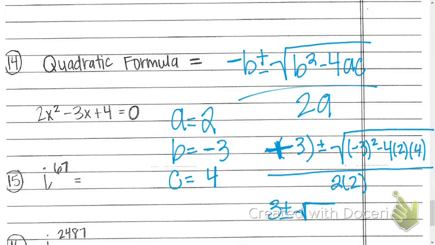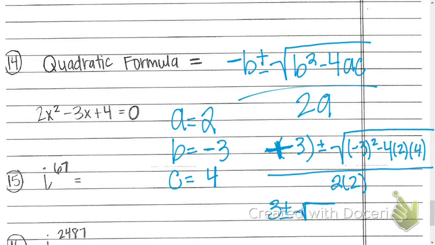You say everything under the square root. I got negative 23. Oh, I wasn't doing PEMDAS.